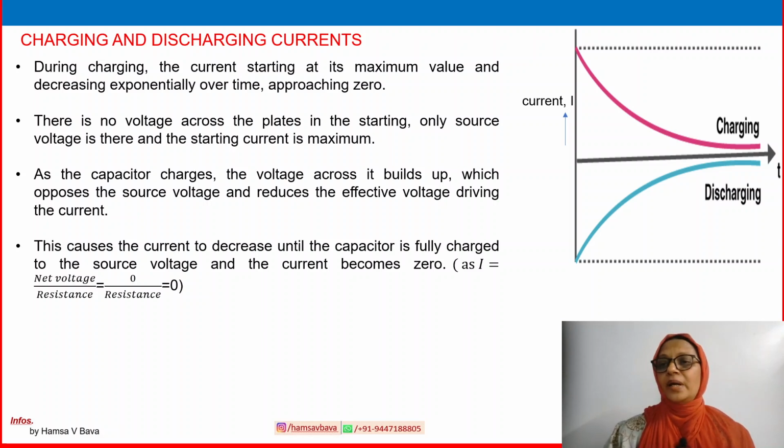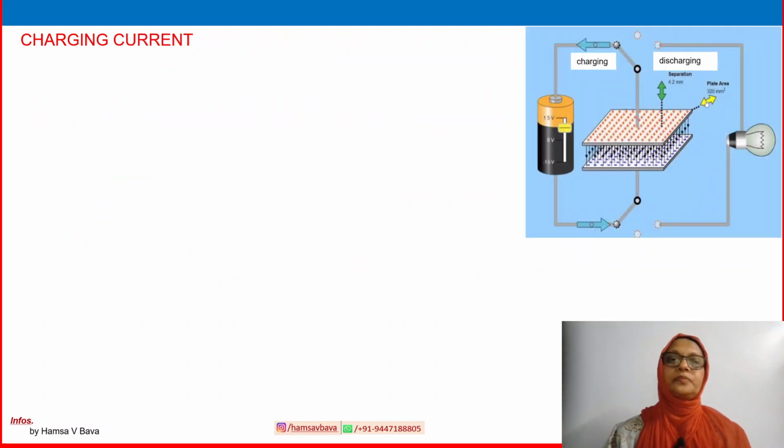Here Vs minus the voltage developed across the capacitor, then Vs minus that much voltage, they are equal. So the numerator becomes zero, so the current becomes 0. So finally, as time goes on, the current reduces to 0. That is why the charging of capacitor, the graph is taking that shape that is shown in the upper part.